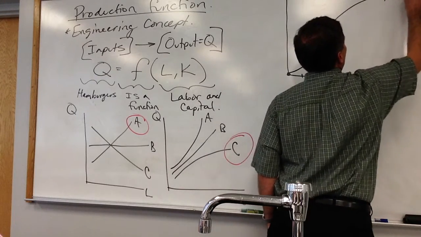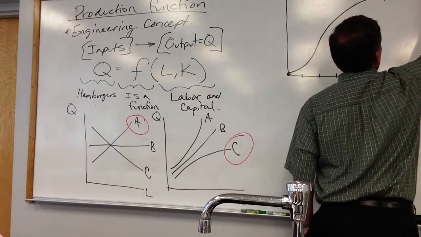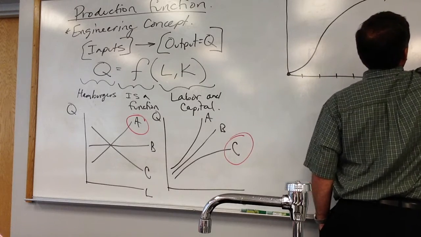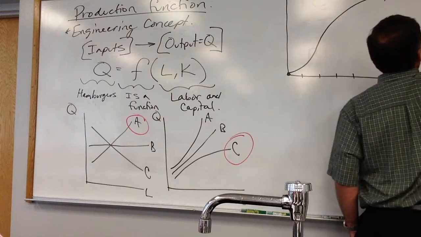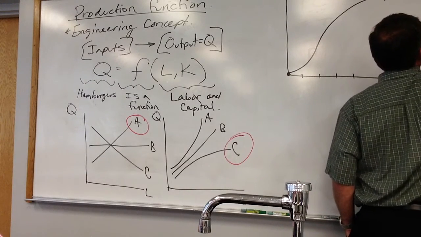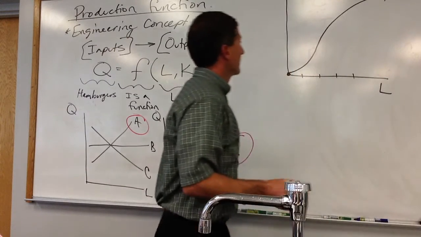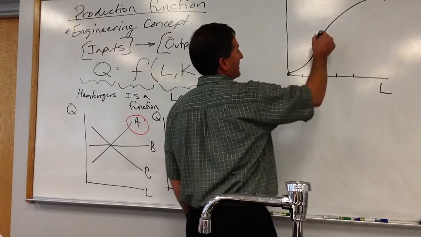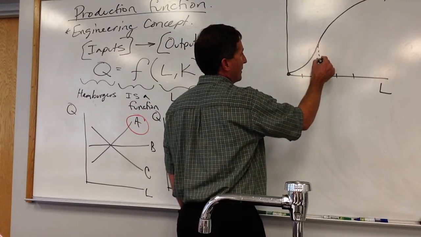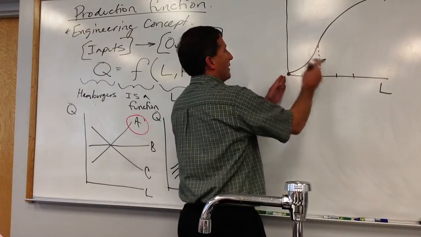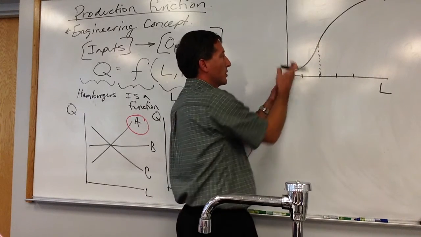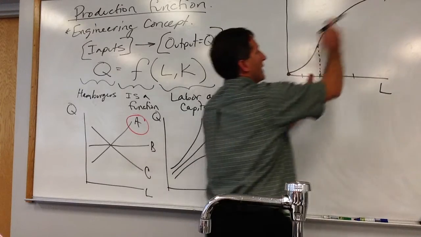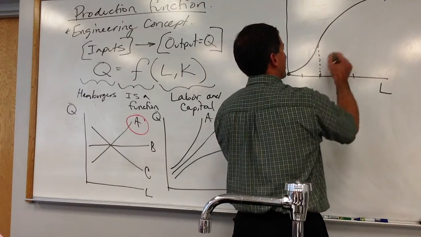So this is total product, TP. The total product of labor curve looks like this. And at this inflection point, we have a special thing going on. We had increasing returns to additional units of labor early on, maybe, but eventually we have diminishing returns.